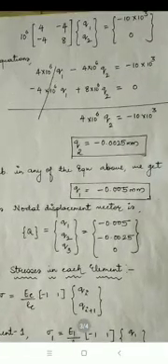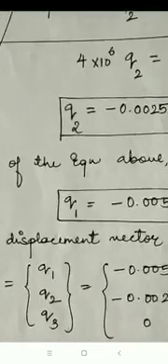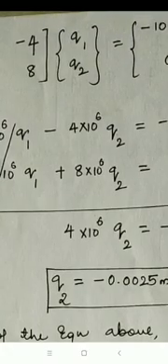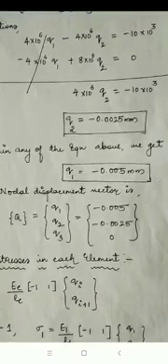Now in the next step we write down only the remaining values after eliminating. Here I have written the remaining values. 10 to the power of 6 into [4, -4; -4, 8], Q1, Q2, equal to minus 10 into 10 to the power of 3 and 0. And these matrices I have written in the form of equations for simplification purposes.